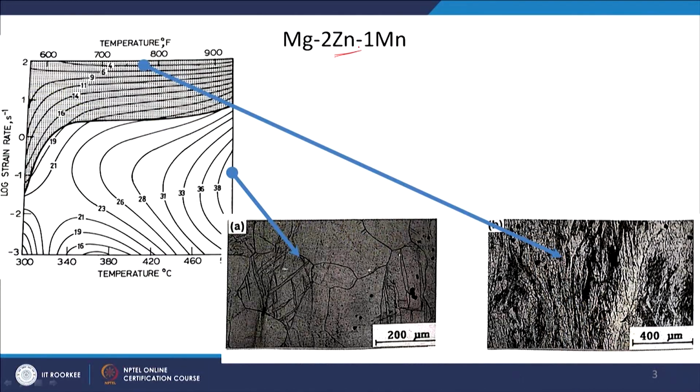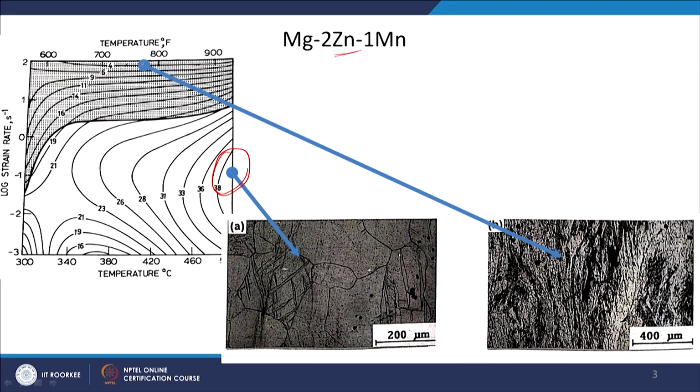So, this is a magnesium zinc manganese alloy. Again you can see a processing map is generated, some efficiency contours are there, and you can see the unstable region. So, one microstructure is from this region where you have high efficiency, 38%, and one microstructure is taken from the unstable region.